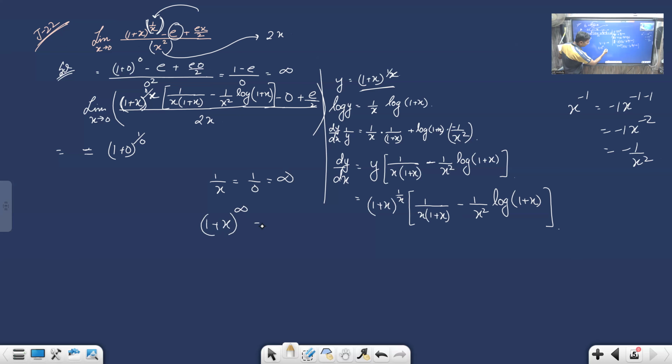Anything to the power infinity is infinity. So your numerator will always be infinity, sir, however many times you differentiate.